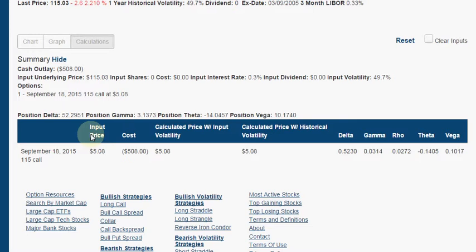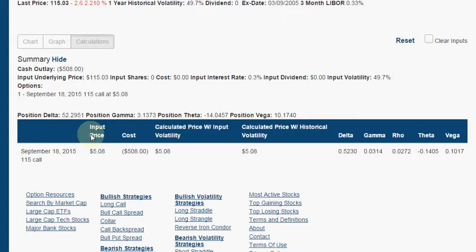However, we also know that delta is not constant, so what we have here is position gamma. As the stock moves, the delta is going to change. So it's going to be approximately $55 if the stock goes up, because it's a call, so you're gaining more gamma. If the stock goes down, it's going to be approximately $49 that you're going to lose.